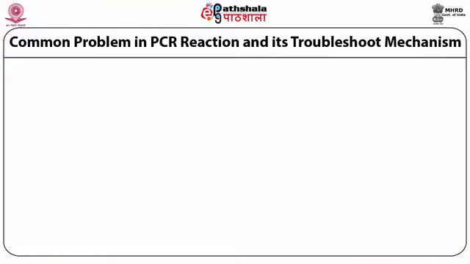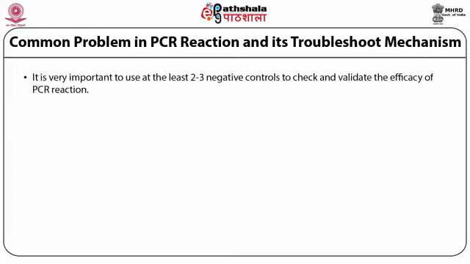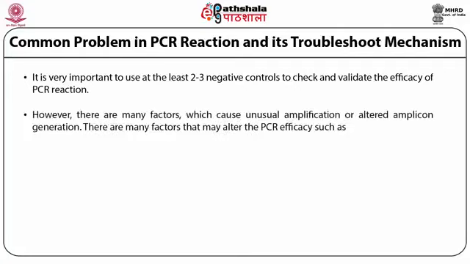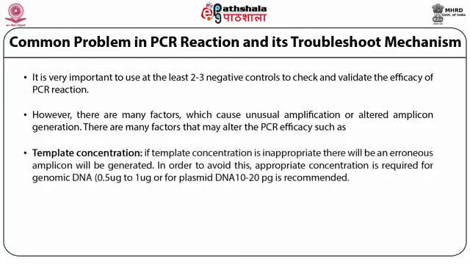Now come to the different problems in the PCR which you might encounter while performing an experiment. It is very important to use 2 to 3 negative controls all the time to validate the efficacy of a PCR reaction. However, there are many more factors which are important for unusual amplification or altered amplicon generation, such as the template concentration.